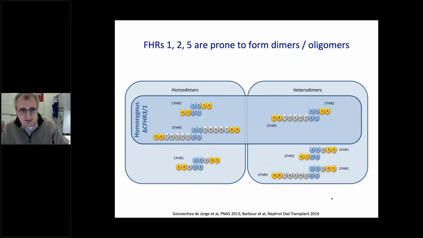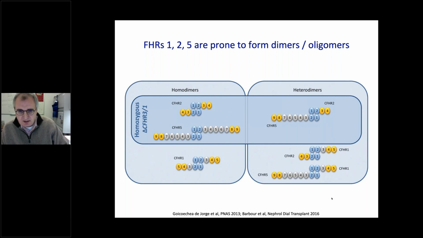And what that leads to is that those proteins, the gene products, form dimers, both homodimers or heterodimers, in the circulation. And the concept is that these dimers, which still share with the yellow bubbles highlighted a binding similarity with factor H, compete with factor H.